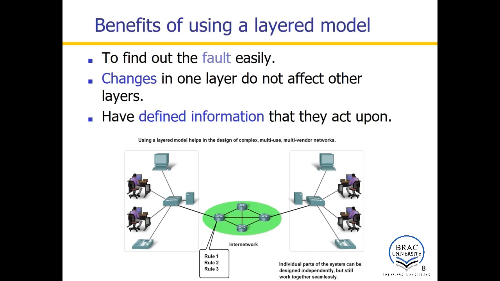And the last benefit is that we can have defined information that they act upon. So basically they are independent, even though they use the information given from the layers, but we can consider they have defined information so that they can work alone.